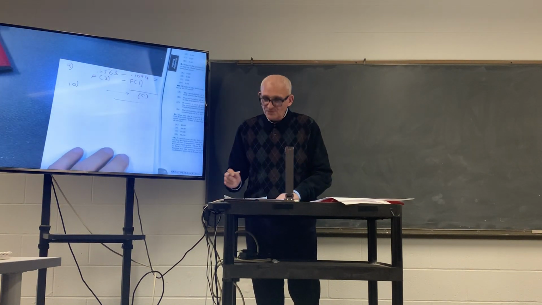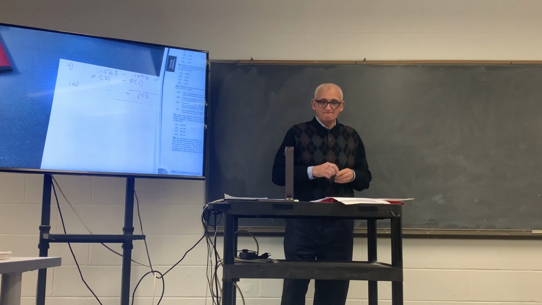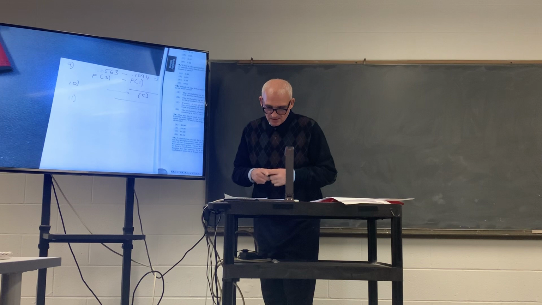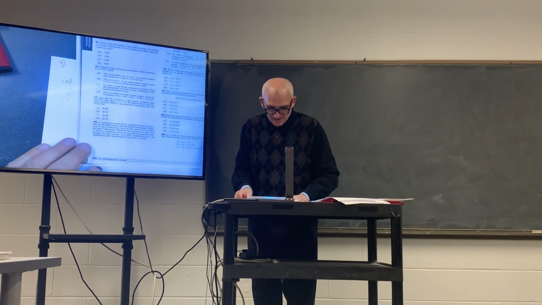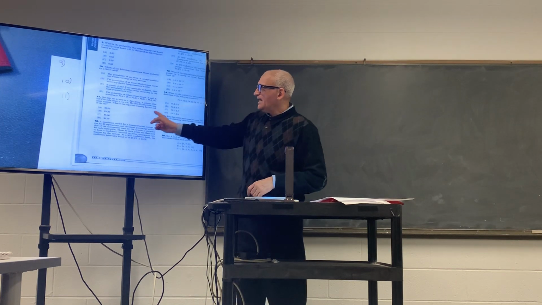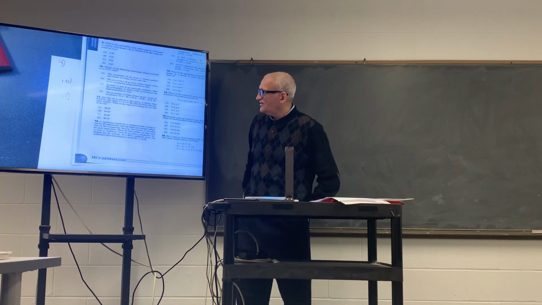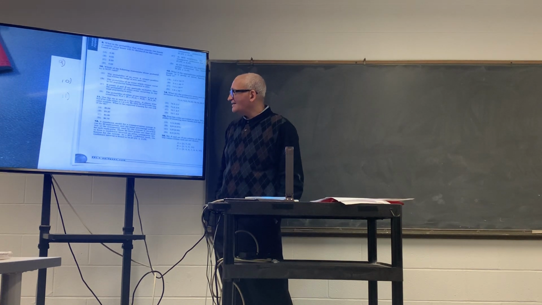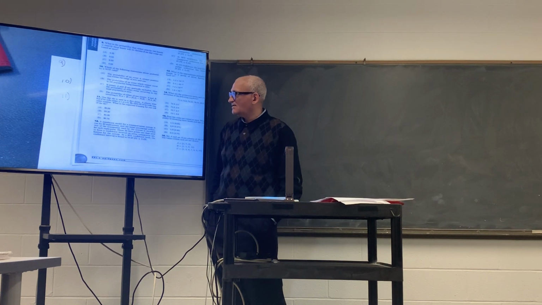Okay, you move to 11. 11 says you are playing a game. You have a fair die used in a dice game. A player wins $10 if he rolls either a 1 or a 6. He loses $5 if he rolls any other number.